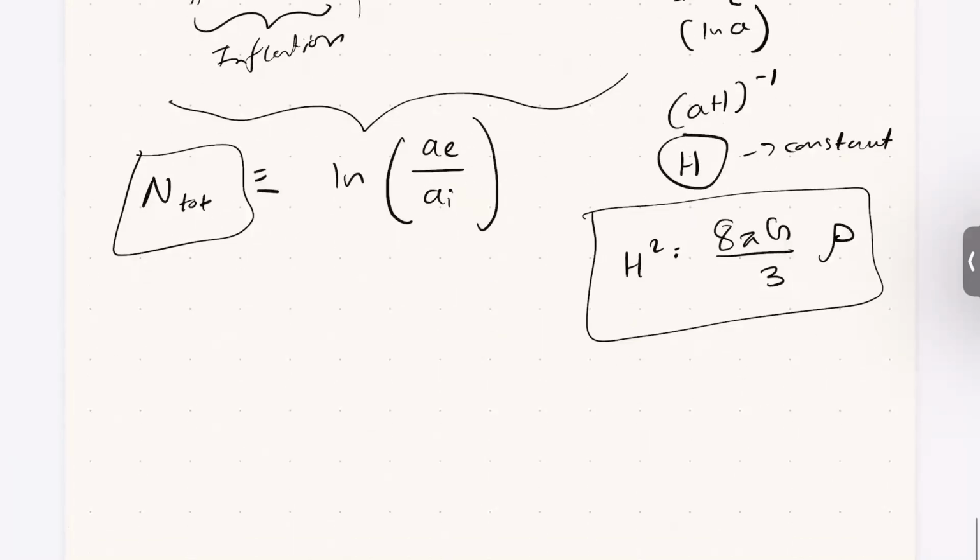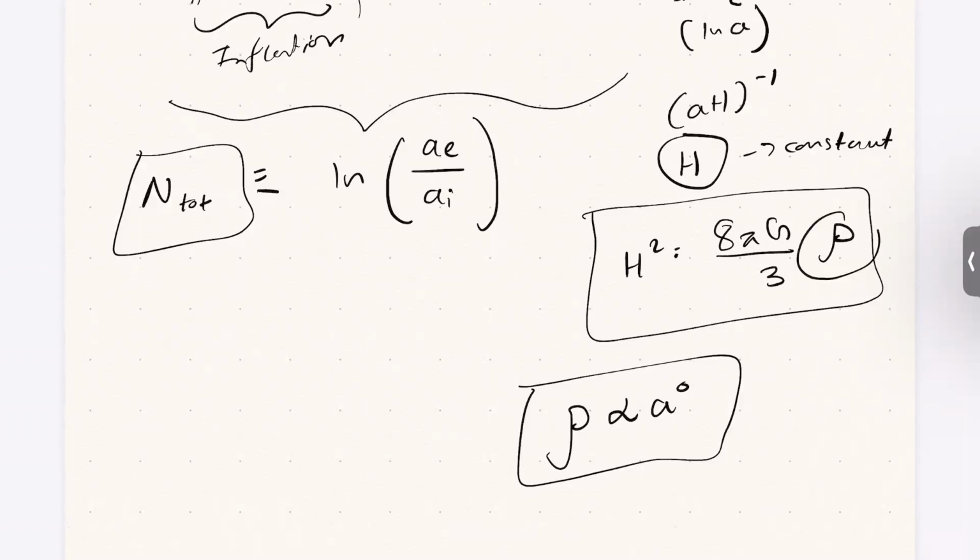And you remember this from last class, right? So if rho is proportional to a to the power of zero, that means rho is constant. So if this is constant, this must obviously be constant because all of this is constant, right? So therefore, during inflation, the physical Hubble radius is constant.